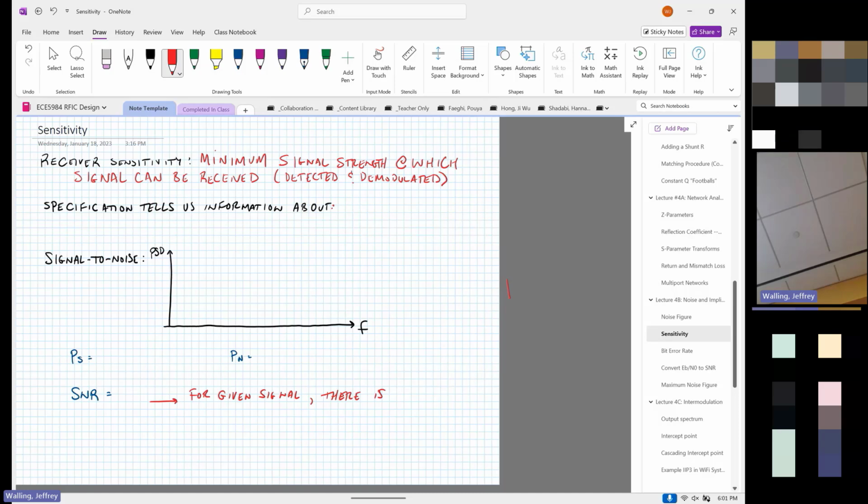So what range do they want the signal to be able to be received at? What's the transmitting power on the other end? All these kinds of things. The specification is just giving us some rules about how the radio system is supposed to be able to operate in its intended scenario. So the specification is going to tell us some things like what is the required sensitivity?